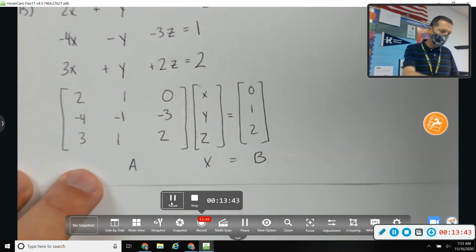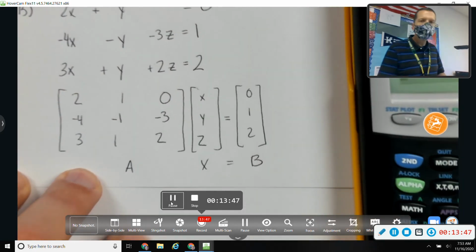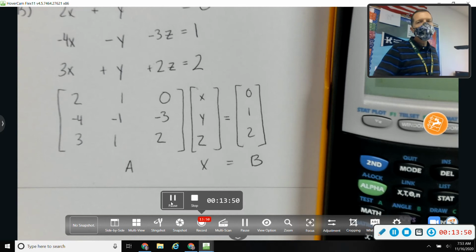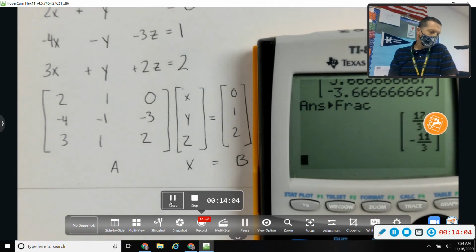AX equals B. So grab your calculator, put that in, do A inverse times B, and then we'll see if we all get the same thing. So matrix A and matrix B are now in my calculator. Now I want to do A inverse times B, but I don't really want to hit all those buttons again, right?